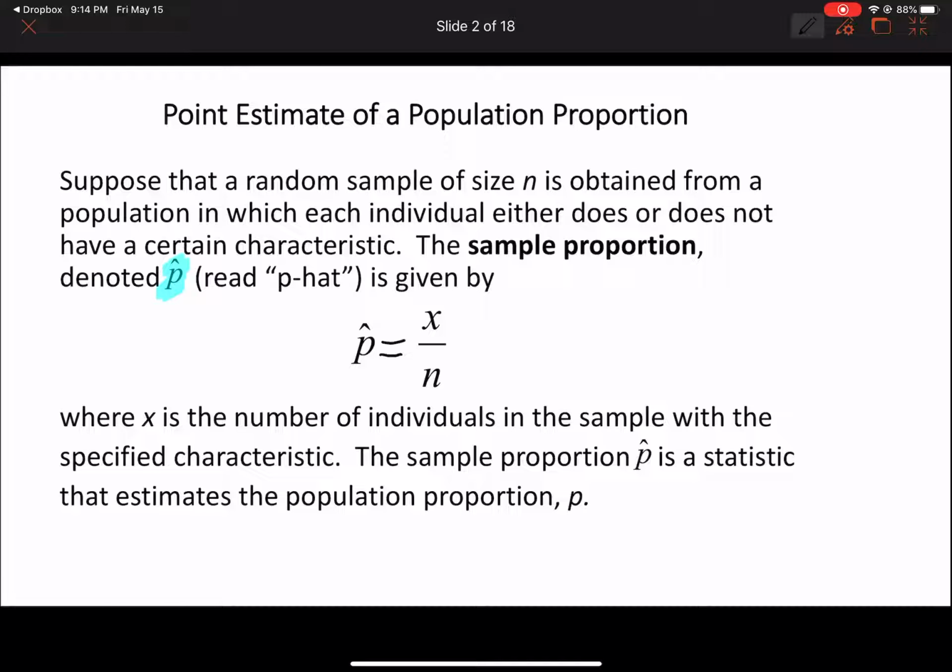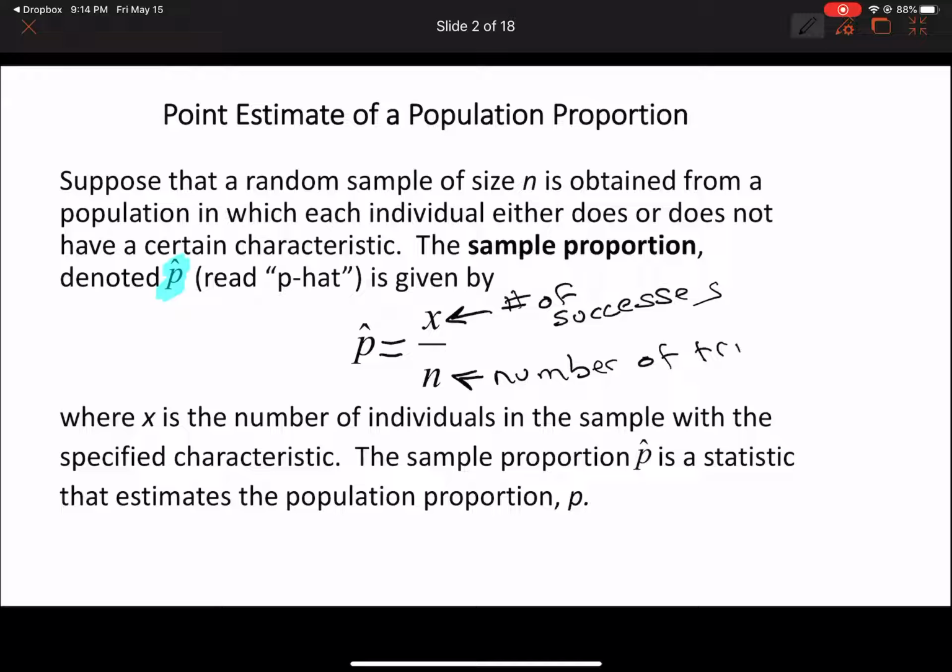So it's exactly how we would find a proportion, a relative frequency. It's the same thing. So this would be your number of successes over the number of trials.